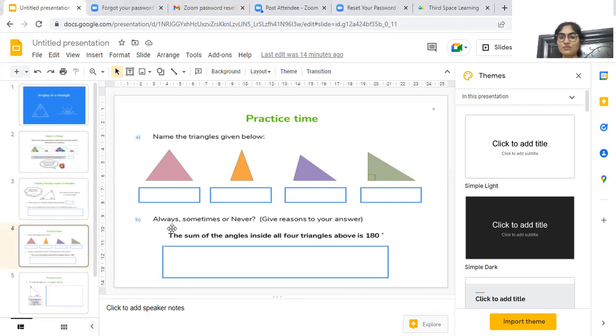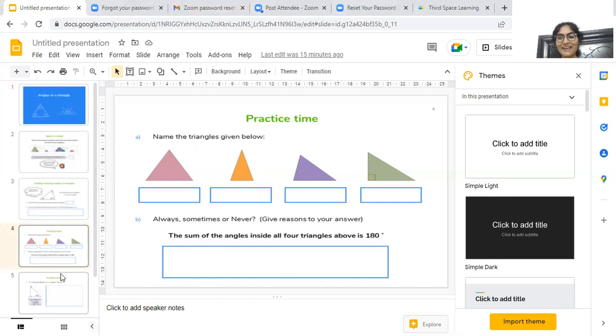So is it true? Yes, it is. And what about this condition: always, sometimes, or never? Yes, it is always true that the sum of interior angles of a triangle is 180 degrees, irrespective of what type of triangle it is. Shall we move to the next slide?